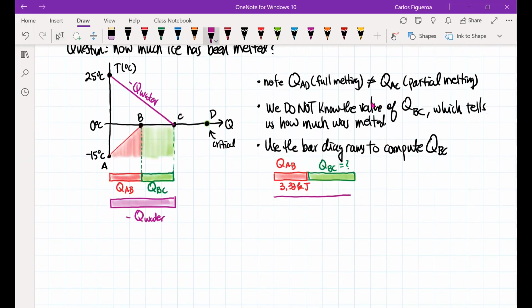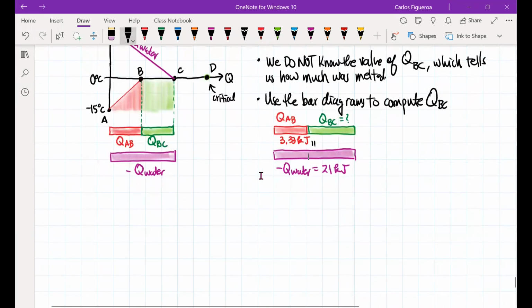This right here is minus Q of the water, which is equal to 21 kilojoules. So we now know how to calculate QBC.